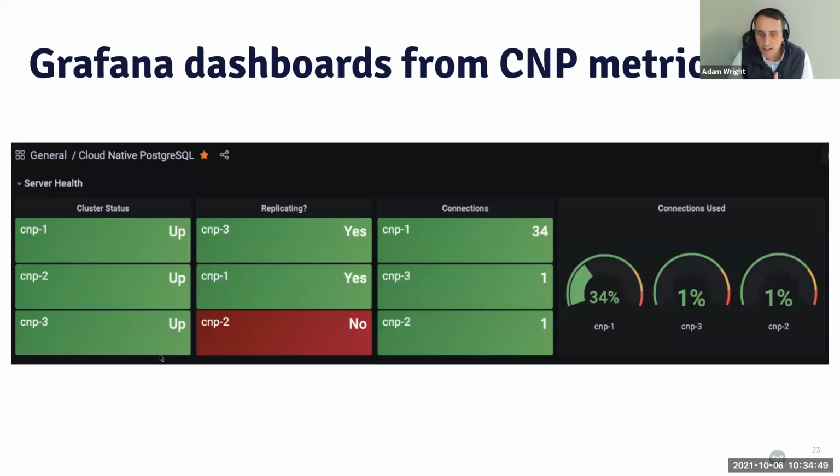Now, the next phase that we're working on at EDB is to have some dashboards that customers can pull down themselves. You can build custom dashboards, you can have a whole view of your application, your database, whatever makes up an entire system, and pull that into your existing monitoring system.